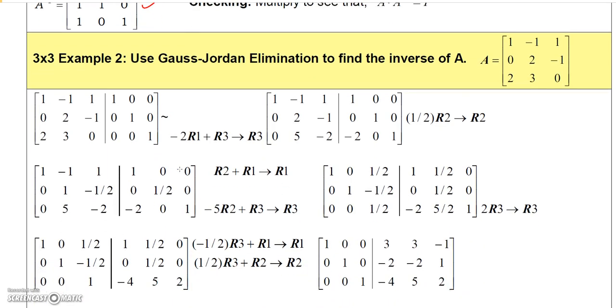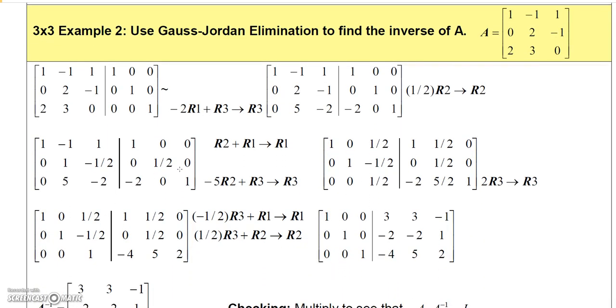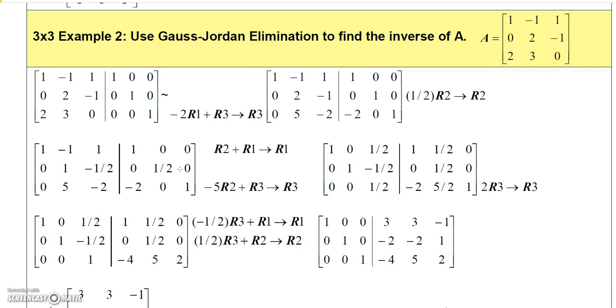Okay, here's another example and I'll go ahead and show you this one real quick. Again, just take the matrix and augment it with the 3 by 3 identity here. So notice I augmented it with the 3 by 3 identity, and then here I've got a 1 already there, and I've got a 0 here already, so I have to multiply this row by -2 and add it to this row.